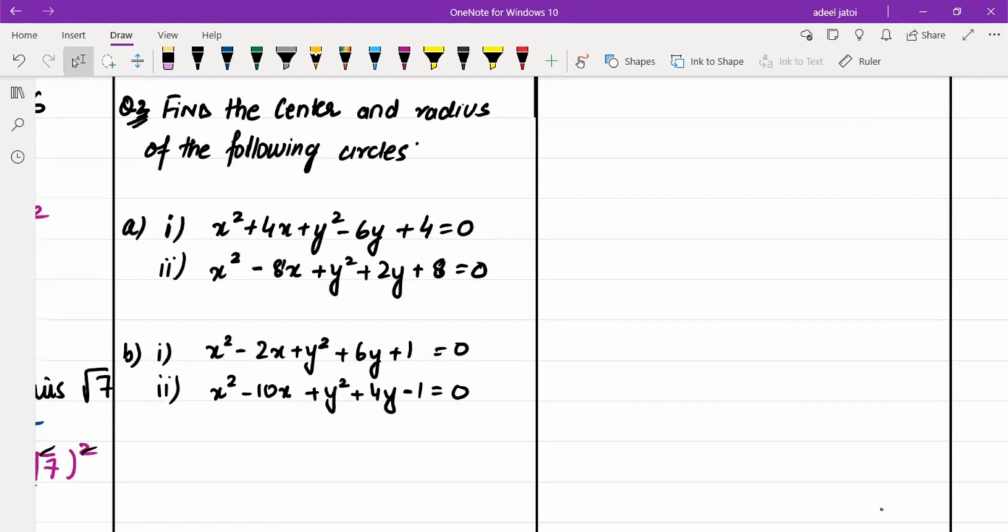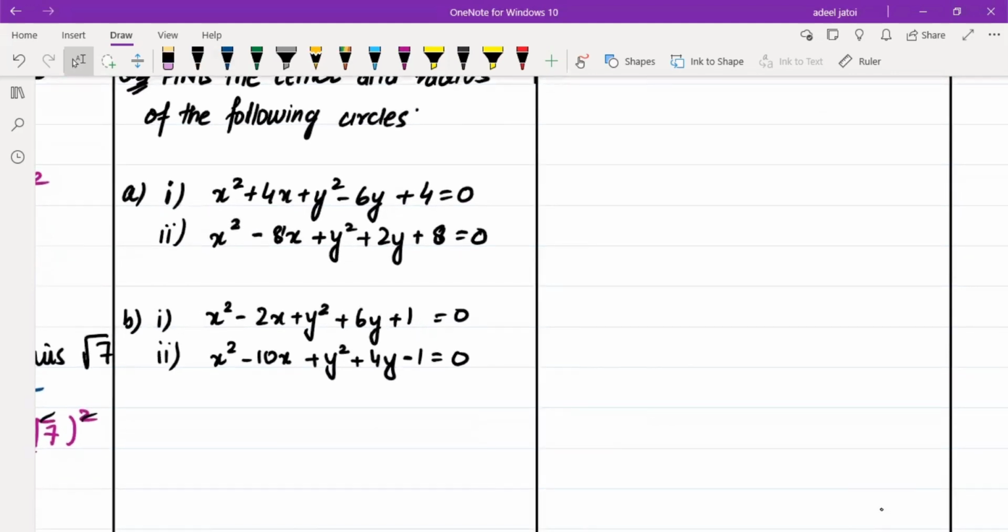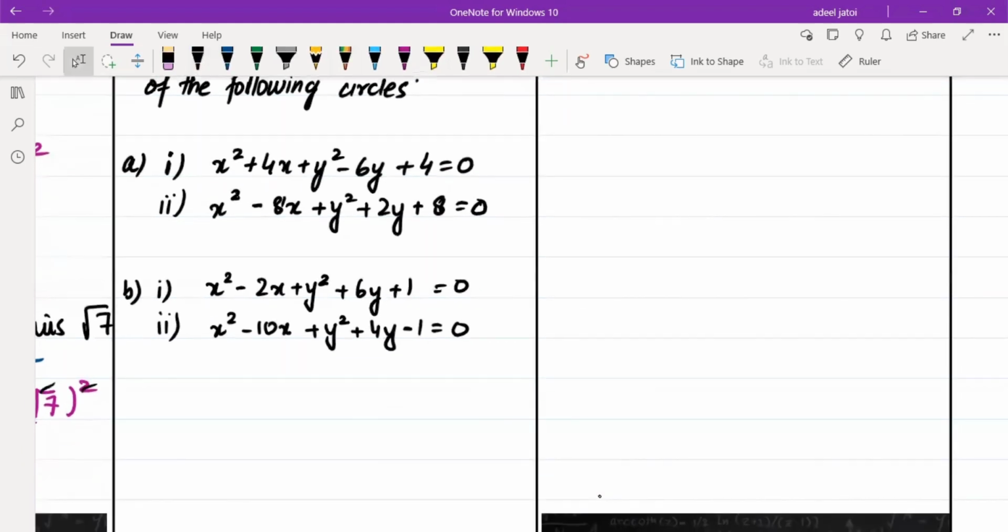Your equation of circle standard form is x minus a whole square plus y minus b whole square is equal to r square.